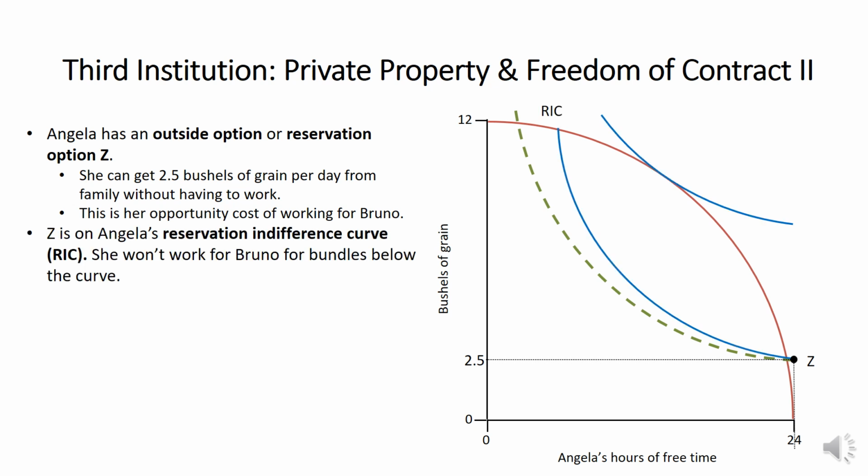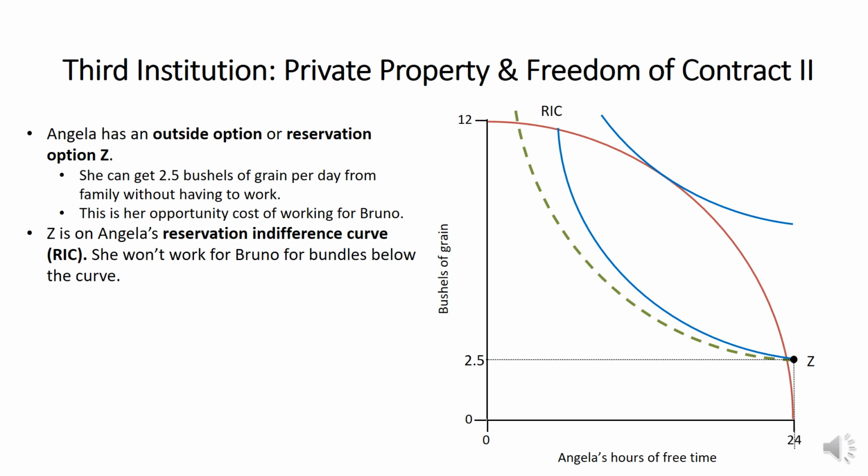As it happens, Z also lies on one of Angela's indifference curves, and in particular the reservation indifference curve. And so while Angela is happy to get 2.5 bushels of grain if she's not working, because it keeps her alive, if she has to work, there are going to be other bundles that will require substantially more than 2.5 bushels to get her interested in working for Bruno.